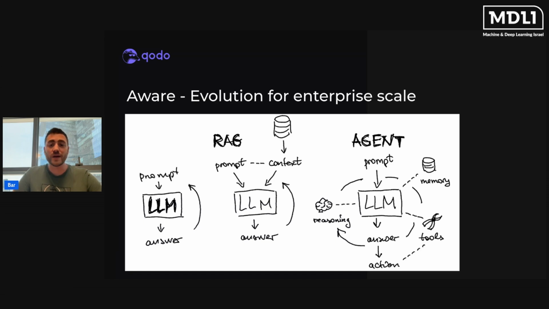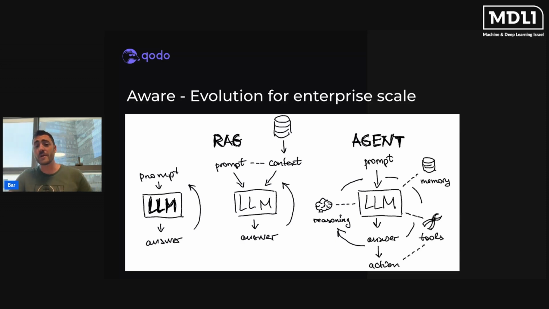But then we hit a wall at enterprise scale, and we need to generalize the problem, because each enterprise has its own set of problems, its own flows, its own challenges. So working with just the RAG approach was failing catastrophically.